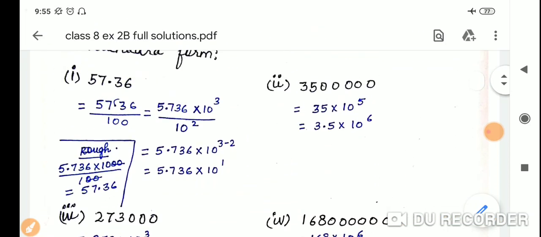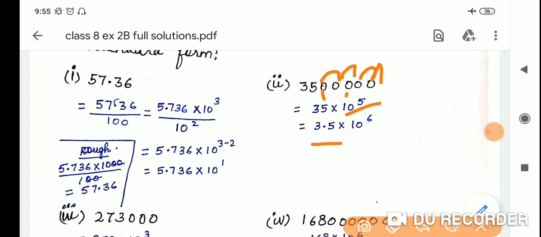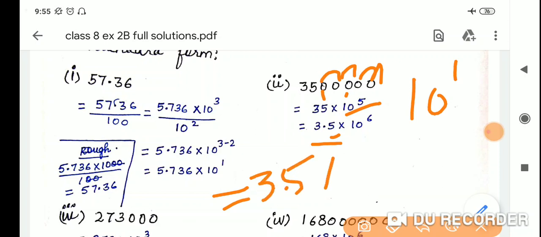Clear? So it will be 5.736 multiplied by 10 raised to the power 1. Now the second part, it is 35 lakh. How many zeros? 1, 2, 3, 4, 5. So here 35 into 10 raised to the power 5. But we have to change it into decimal, so 3.5 multiplied by 10 raised to the power 1, multiplied by 10 raised to the power 5.